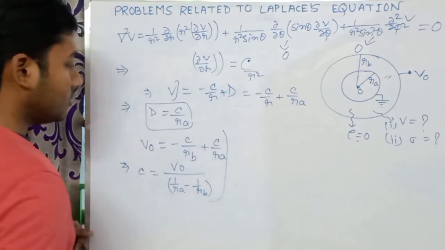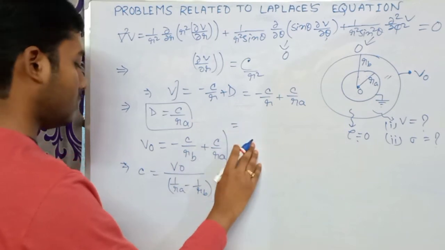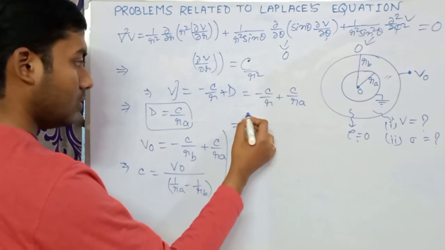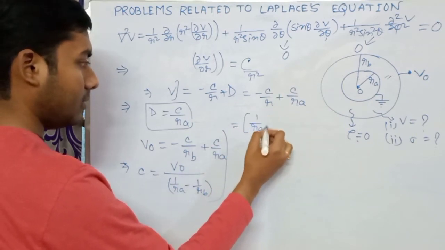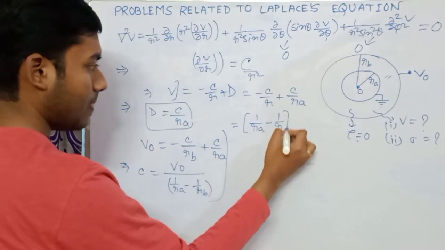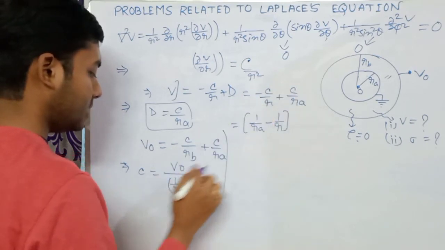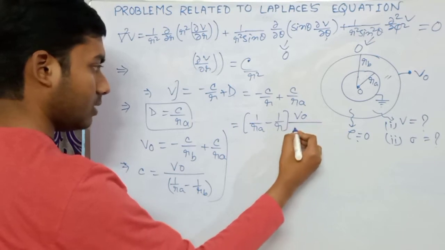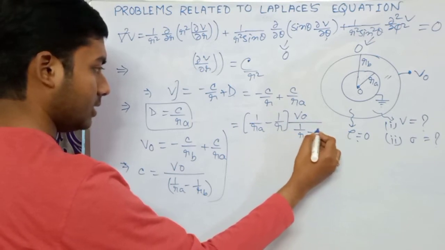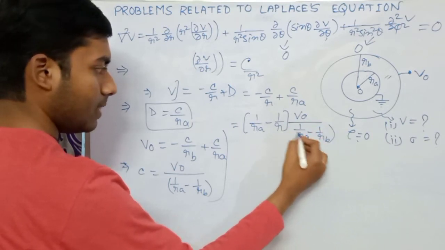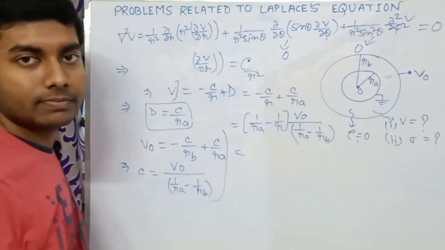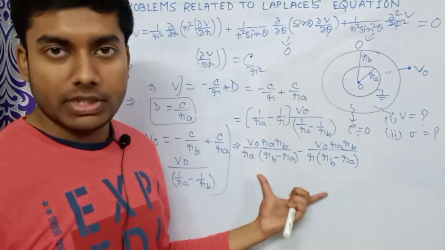So this expression, 1 by ra minus 1 by rb into C, that means V naught over 1 by ra minus 1 by rb, right? Calculating this, you will come to this result.